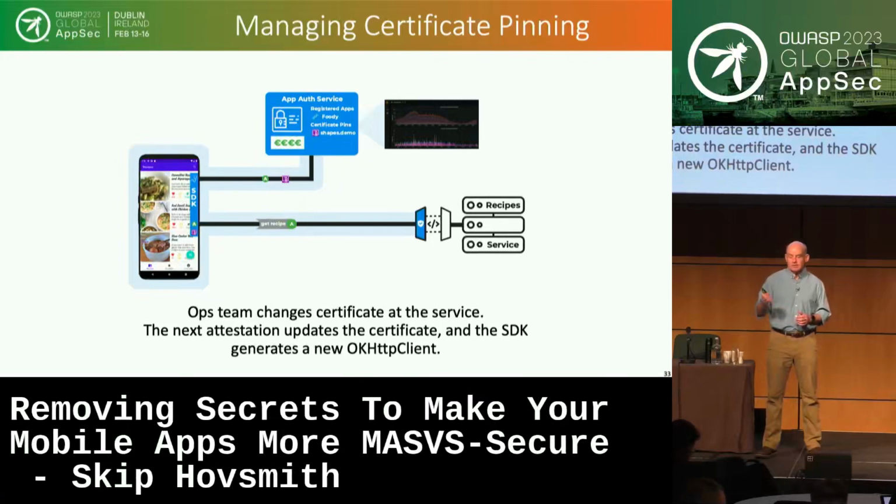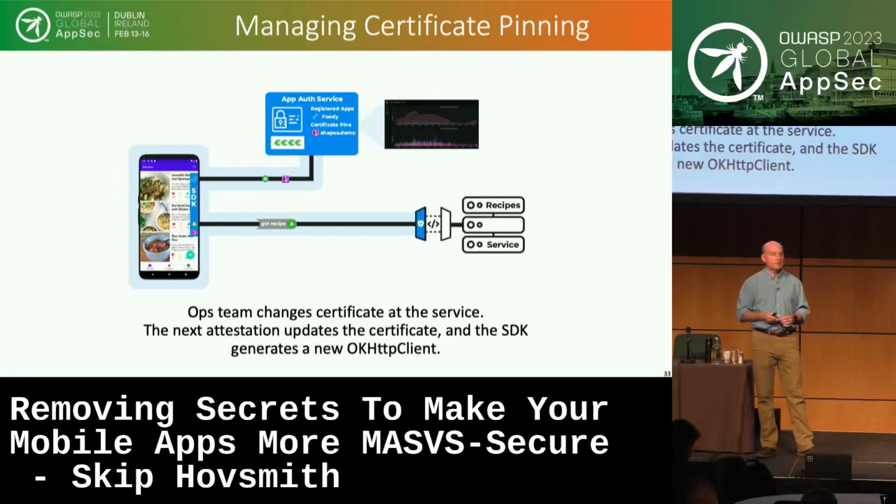But there's a separate channel out to the app auth service. So you can go ahead and rotate your certificates, add certificates as often as you want, and they'll be immediately picked up again, assuming that you've established trust in the application, that the application is clean and can receive an update.